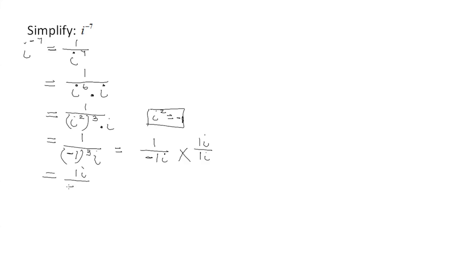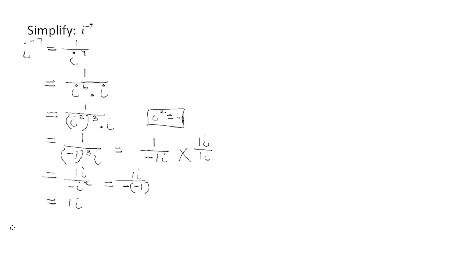Multiply the bottom out, it's going to be -i squared. And then we just substitute the value of i squared, which is going to be negative. Be very careful, -1. And your final answer here is 1i. A negative and a negative gives you a positive.